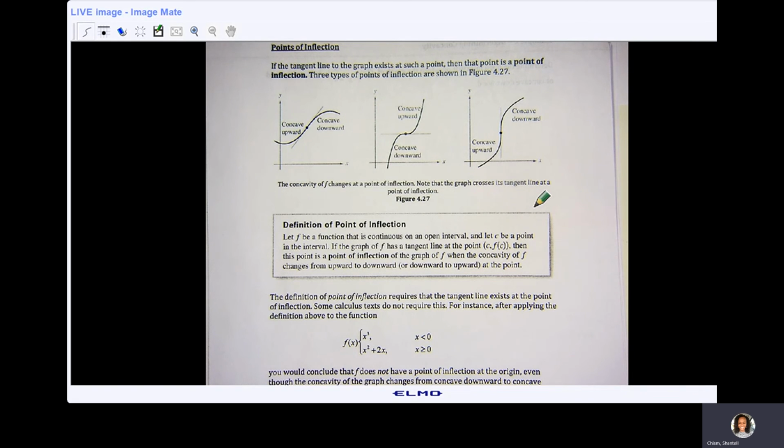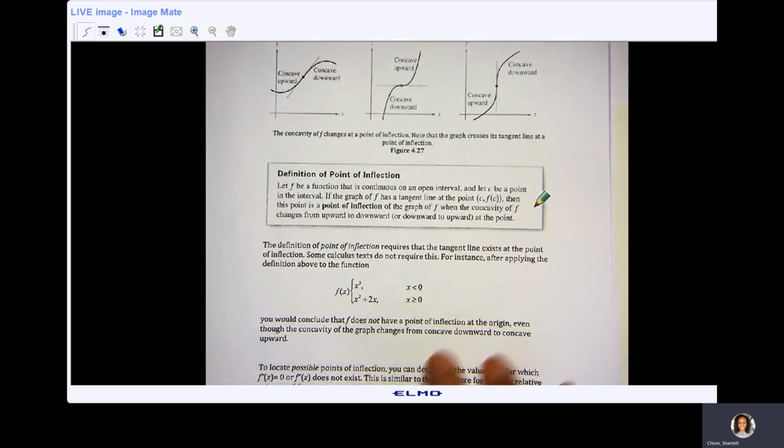Okay? So the definition of point of inflection requires that a tangent line exists at that point of inflection. Some calculus texts do not require this.